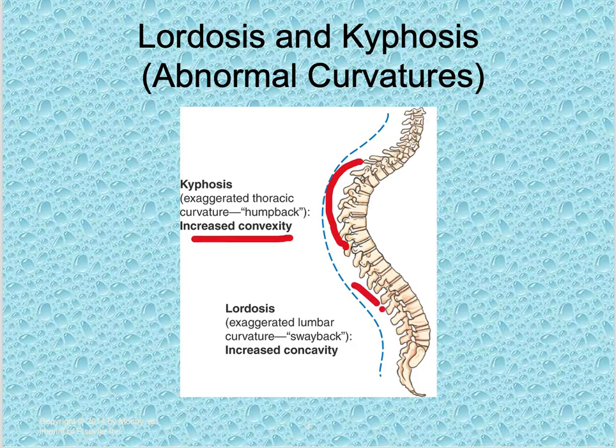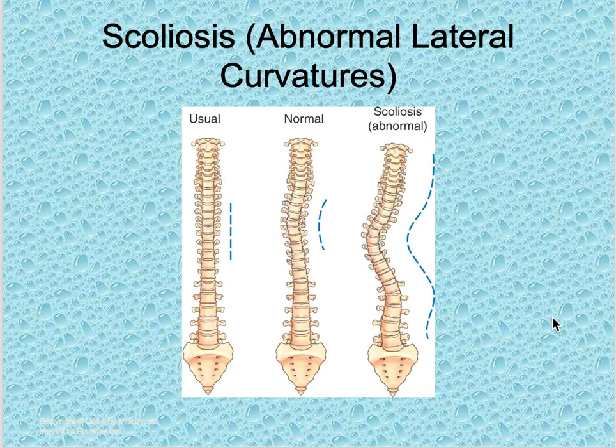Lordosis here for our spine is an exaggerated sway back in the lumbar, which is an increased concavity for our lumbar spine, and that's when we would say that we have lordosis. So exaggerated lumbar curvature is when we're going to use lordosis, and exaggerated thoracic curvature, we're going to use kyphosis, okay?